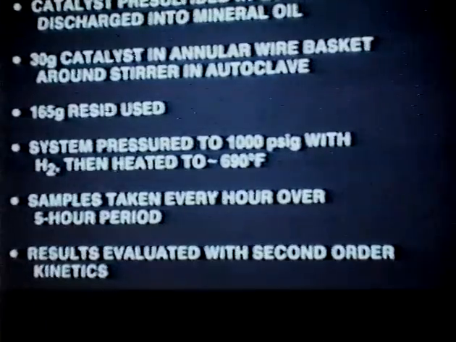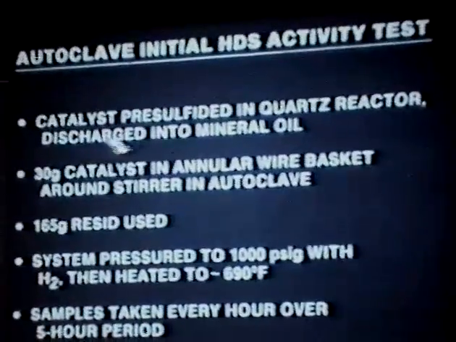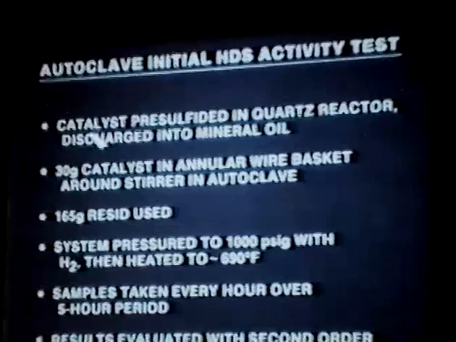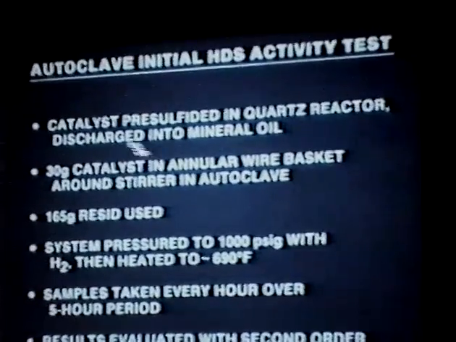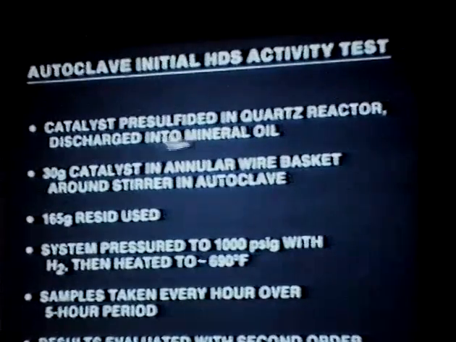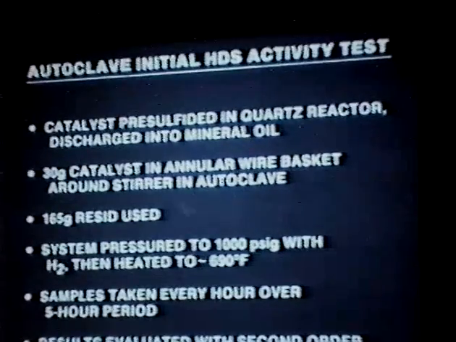The autoclave activity test that we used is described on this slide. We pre-sulfided the catalyst in a quartz reactor separate from the autoclave, discharged it with mineral oil to keep the air from getting to it later. We then put 30 grams of this pre-sulfided catalyst in an annular basket in a stirred autoclave and used 165 grams of resid.